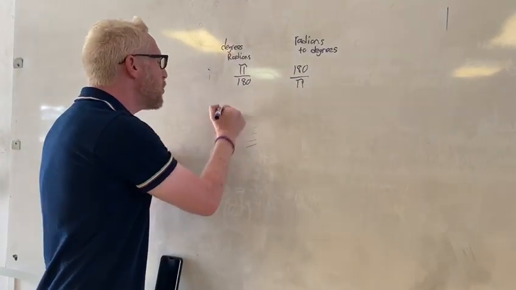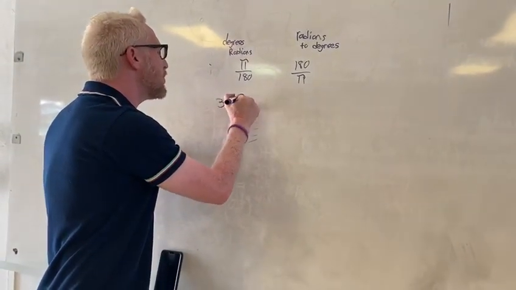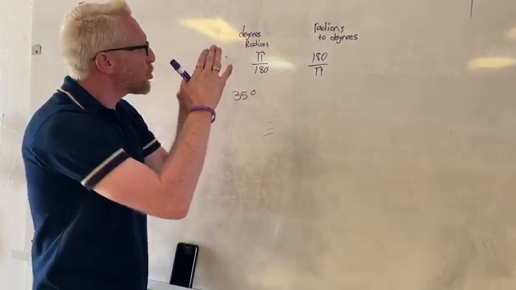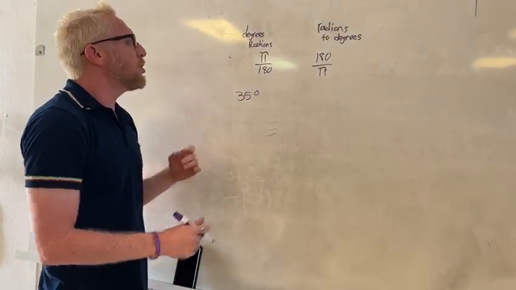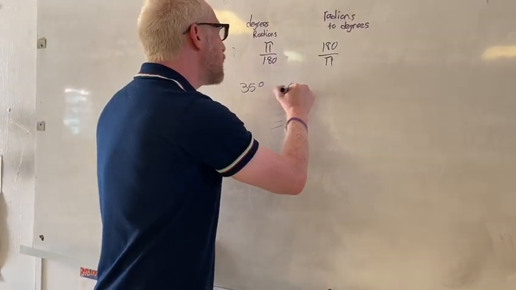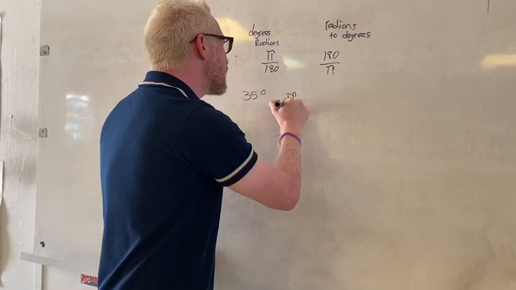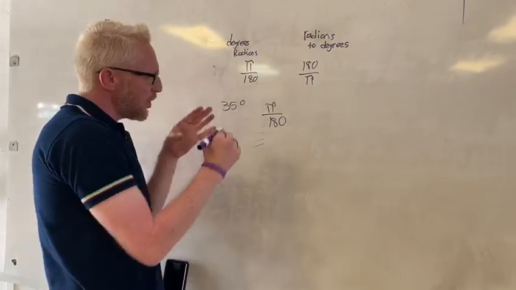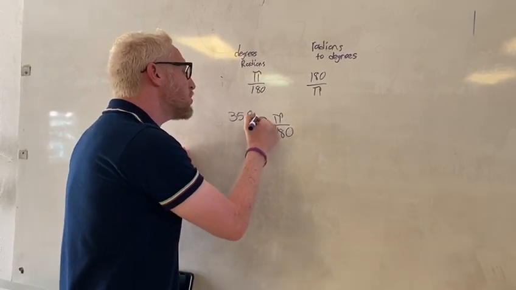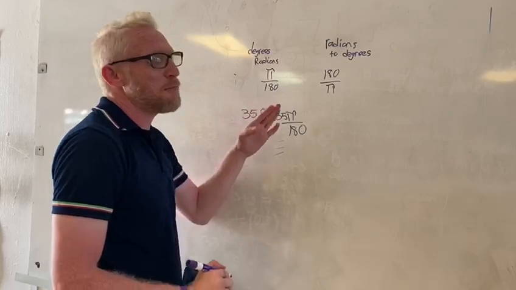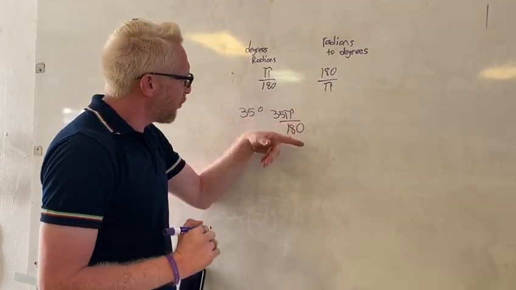If I give you 35 degrees and I want you to convert 35 degrees to radians, that means that you're going to use this formula, and you're going to say 35 times pi over 180, in which case you're going to multiply 35 times pi, and that's going to equal 35 pi over 180.